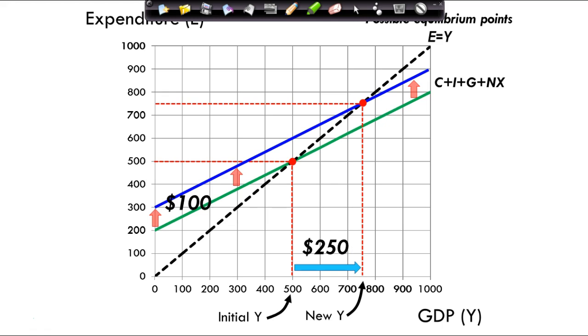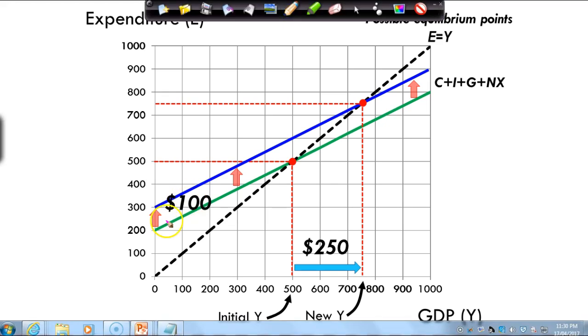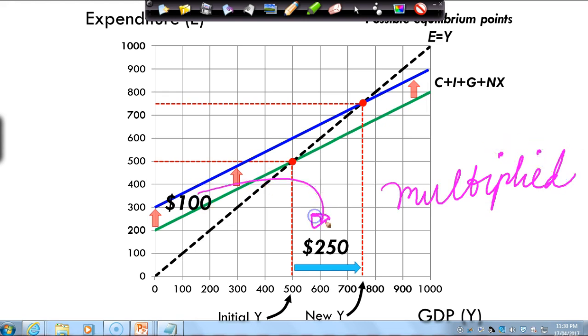So why would that be the case? Something's going on there. We could say that the initial increase in expenditure has been multiplied to create a larger increase in GDP. This is called the multiplier effect.